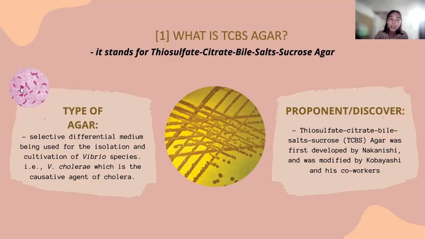This type of bacteria is gram-negative. Just to illustrate, here on the upper left side is your Vibrio cholerae. As you can see, they are comma-shaped bacteria.